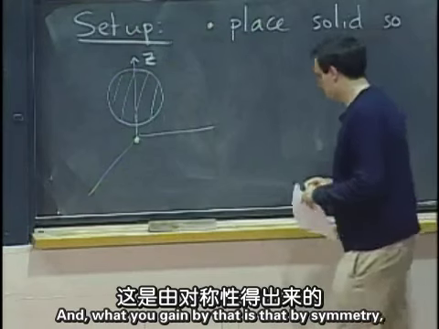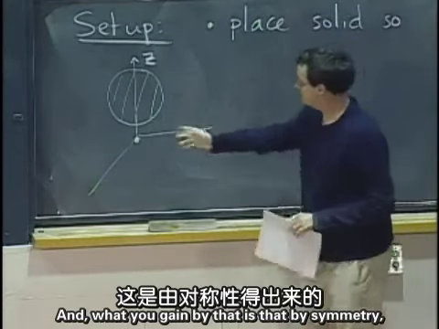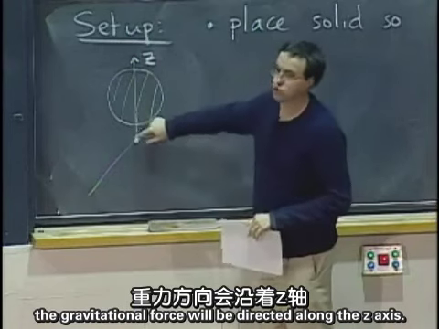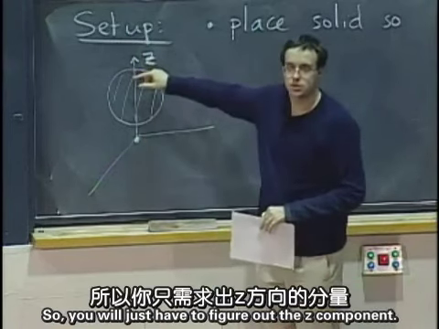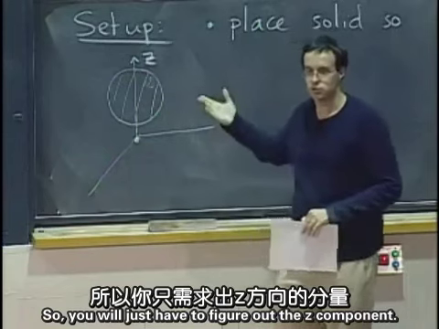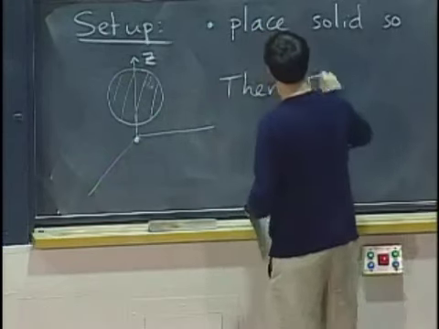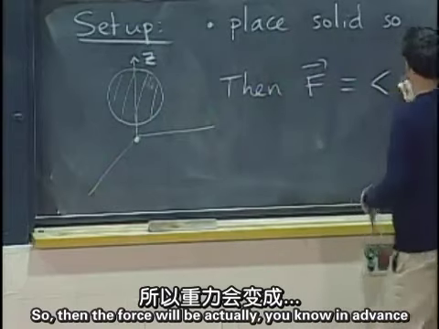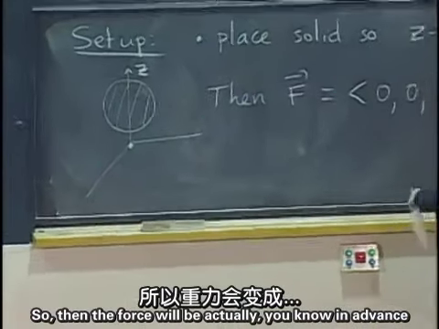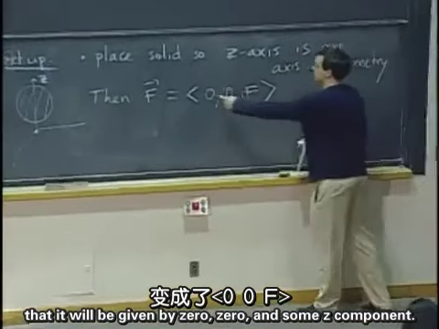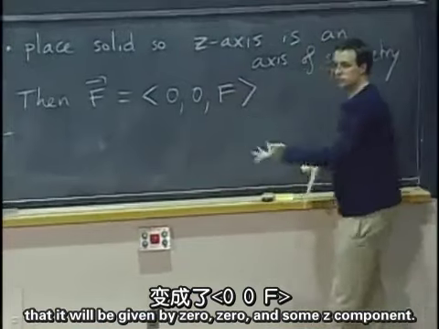And what do you gain by that? Well, by symmetry, the gravitational force will be directed along the z-axis. So you'll just have to figure out the z component. So then you know in advance that the force will be given by 0, 0, and some z component.